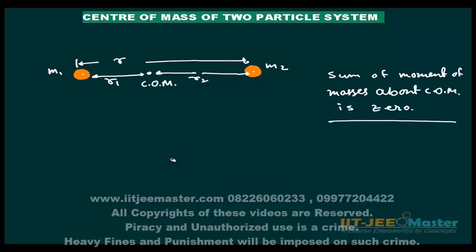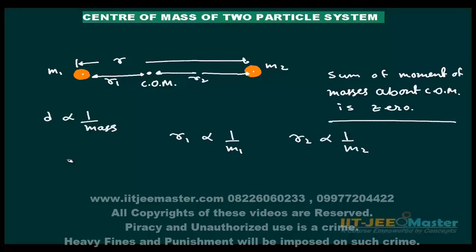This will be true also for the center of mass of small objects. So if you apply gravitational forces m1g and m2g and find their moments around the center of mass, they are 0. And the second thing, the distance of the center of mass from one object, suppose the distance is d, is inversely proportional to the mass. So our r1 will be inversely proportional to m1, and r2 will be inversely proportional to m2.